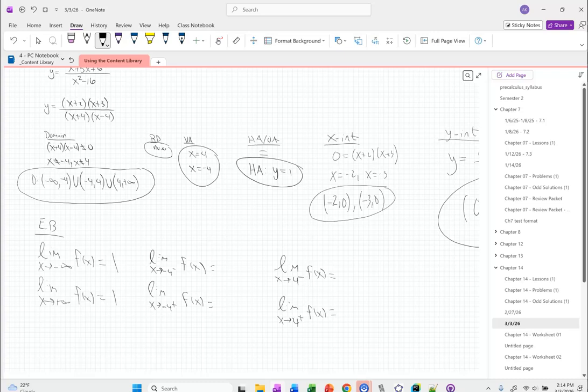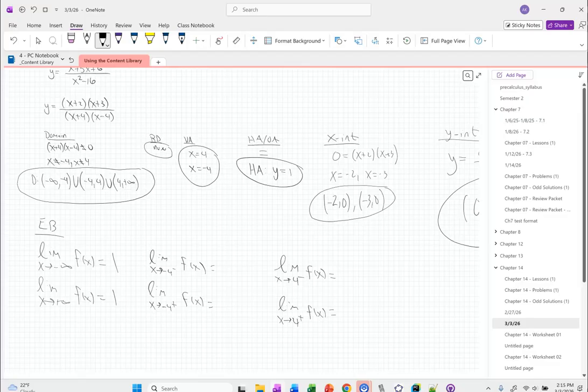Everybody's okay? If it's a horizontal asymptote, it doesn't matter if you're going to positive or negative infinity, it's just the value of the horizontal asymptote. If it's the oblique or the slant asymptote, where it's y equals, if it's positive slope, it's the same as what x is going to. If it's a negative slope, it's opposite.